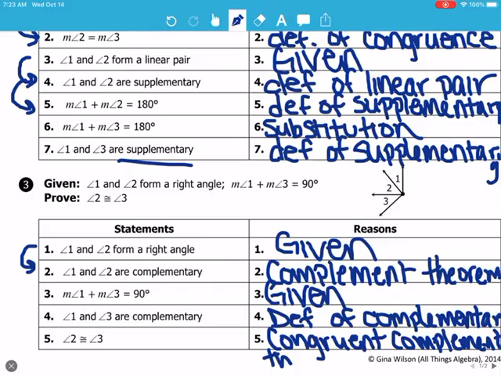Anyways, that should be theorem. And the reason we're using the theorem here is because angles 2 and 3 are complementary to the same angle. So that's why I would use that there. Let me know if you have any questions. Pause here if you need to. We're going to move on to the next 3 proofs, which I'm going to half fill out for you. You're going to have to fill out the rest, and I will come and check them for you.